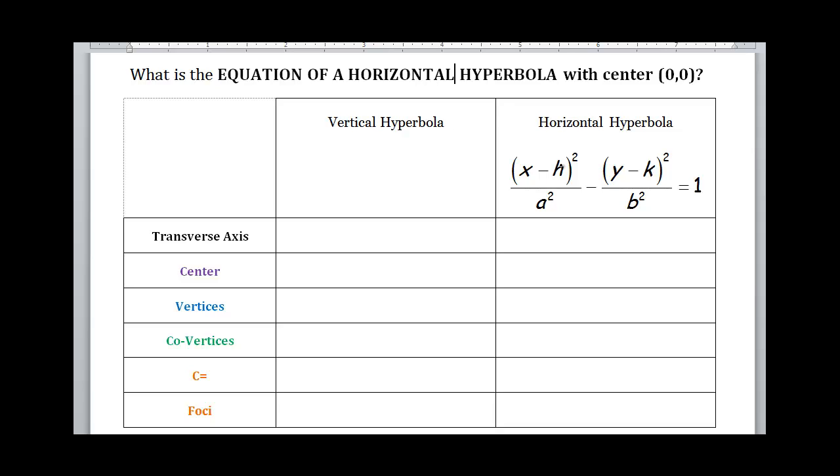What's making it a hyperbola versus a circle or an ellipse is that we have a subtraction sign. So again, this is a horizontal hyperbola because the x term is positive, or first.